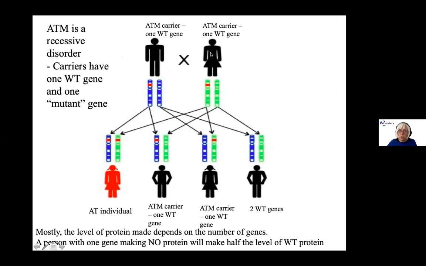And the two parents are carriers, they've each got one copy mutated. And then when you have children, you'll have a bad copy with a bad copy, a bad copy with a good copy, carrier, good copy with a bad copy, and two good copies. And this is called recessive because these individuals don't show AT. So bear that in mind.